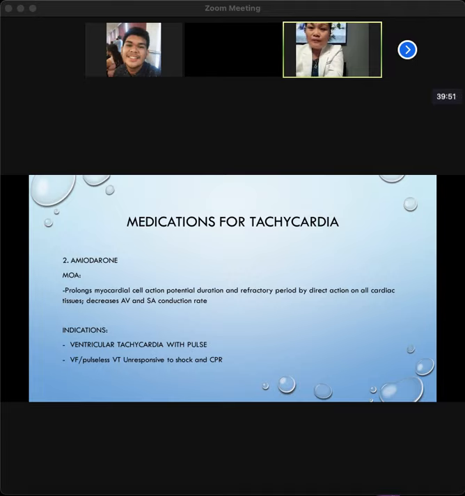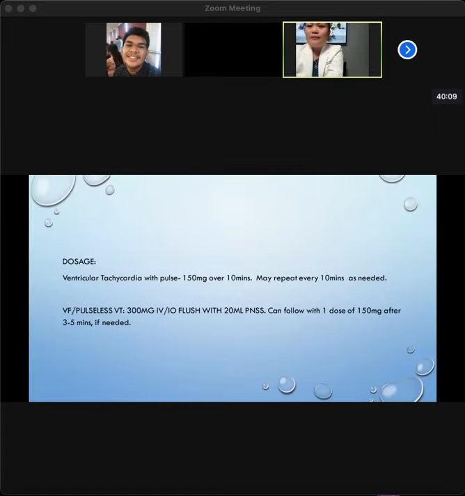So epinephrine, after epinephrine, if the patient is unresponsive, then you can give amiodarone for the next treatment for arrest. Okay, makikita ninyo mamaya.